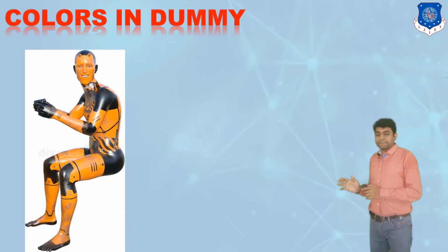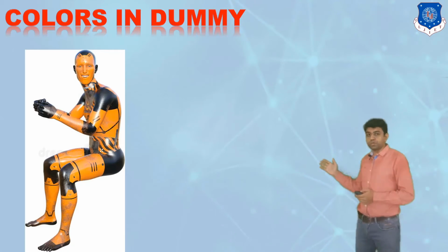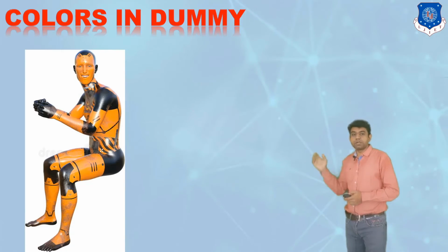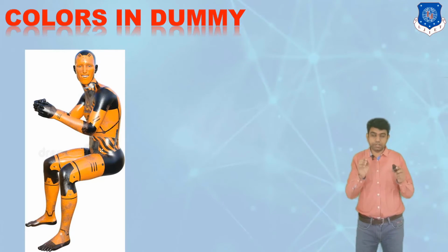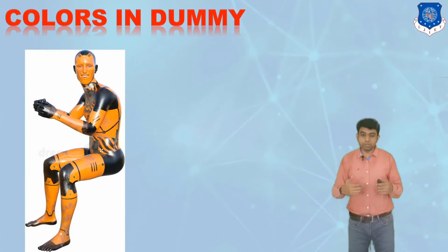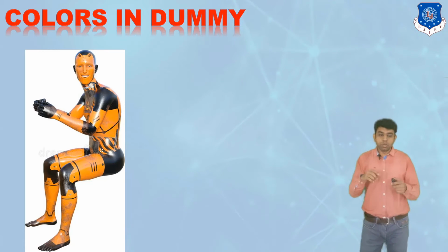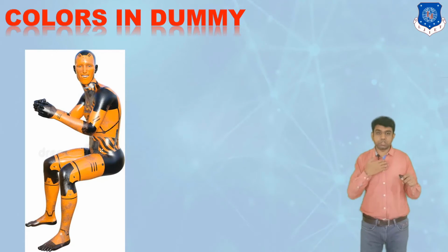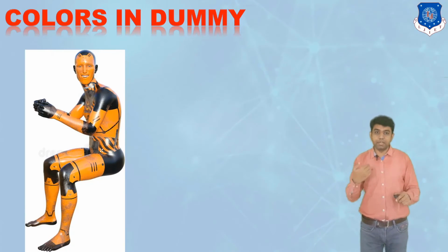Now one more thing, we also use colors on the dummy parts. The reason for keeping different colors on the dummy is to find out at what location contact happens whenever the test happens. Say for example the black color is kept on the chest, it will leave a mark on the part with which it is colliding. So we can get the surface area of the chest that is colliding with the steering column, because that black color will leave an impression on the steering wheel.